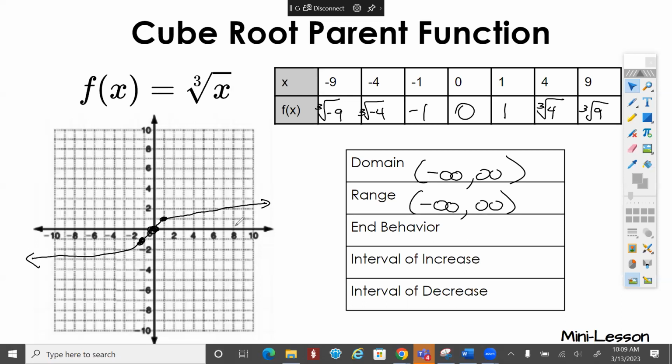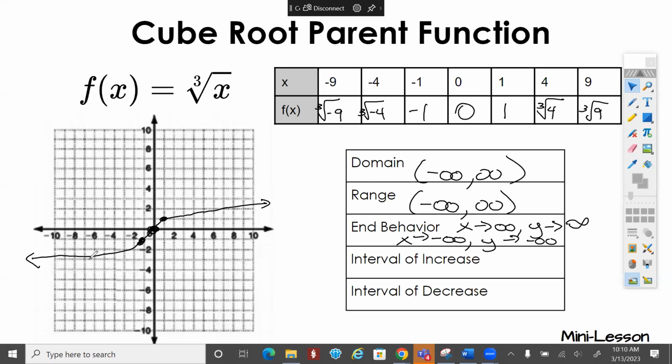A little more of a curve, but y'all know how my graphing is. As for end behavior, as we move to the right, our Y values are going to go to positive infinity. As X is moving to the left, our Y values are going to negative infinity.